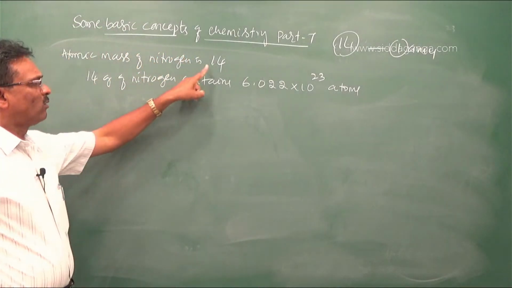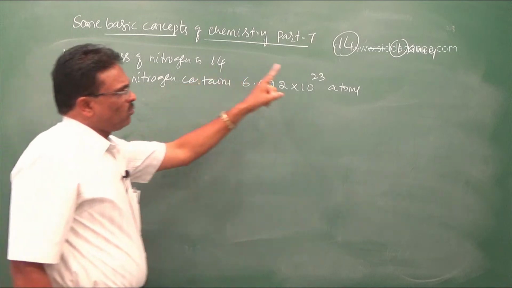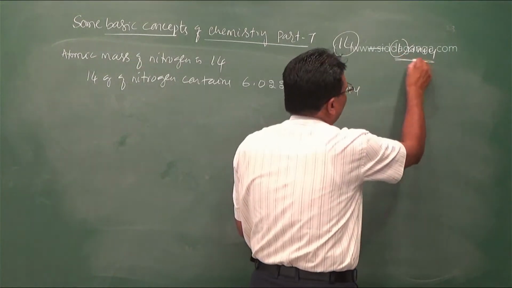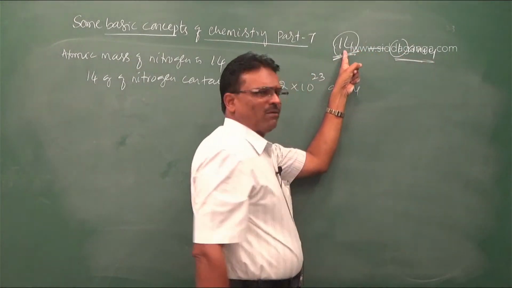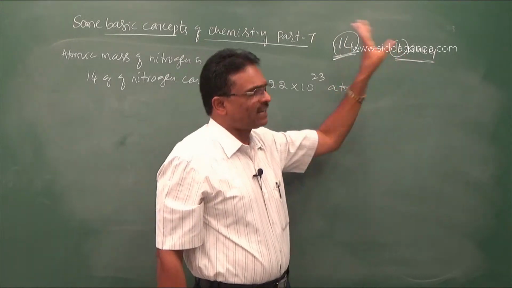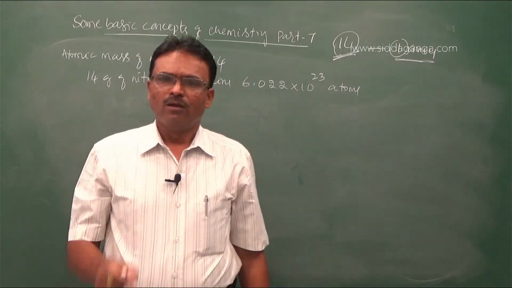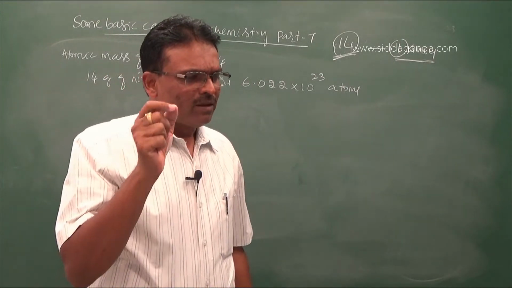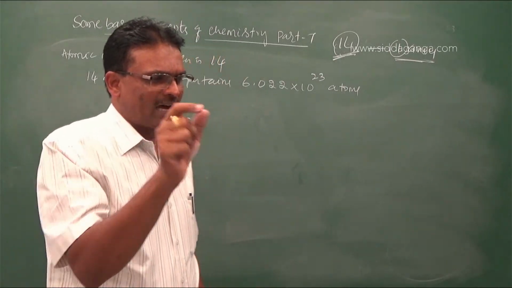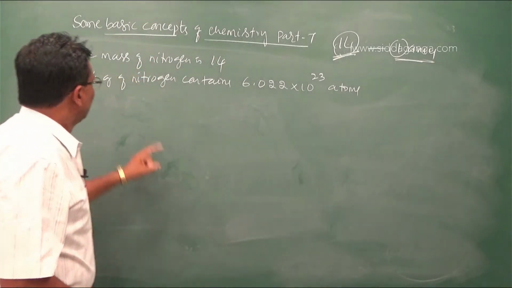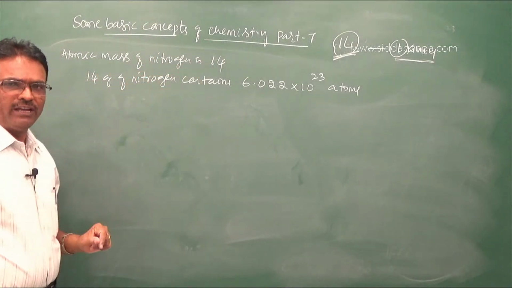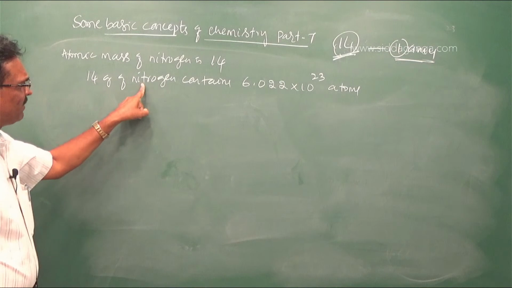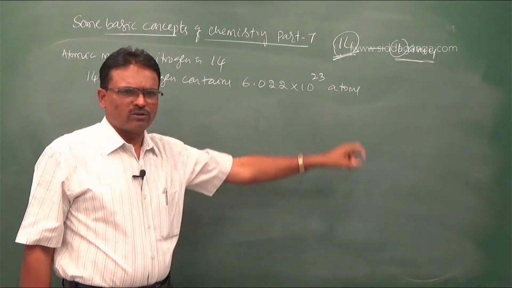Atomic mass of nitrogen is 14. So when compared to 1 AMU, the mass of one atom of nitrogen is 14 times greater than 1 AMU. What is meant by 1 AMU? 1/12 of the mass of one atom of carbon-12 isotope. So atomic mass of nitrogen is 14, and 14 gram of nitrogen contains Avogadro number of nitrogen atoms.